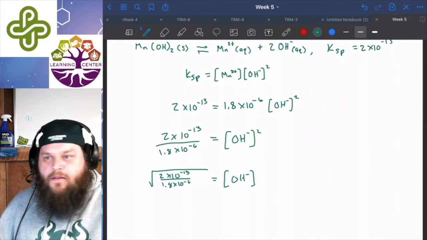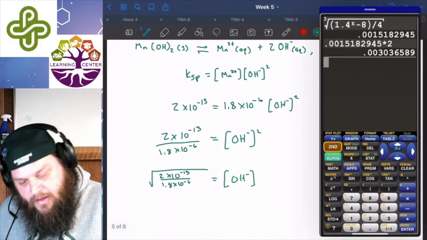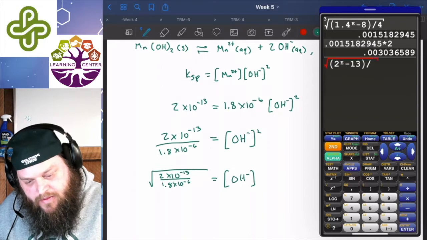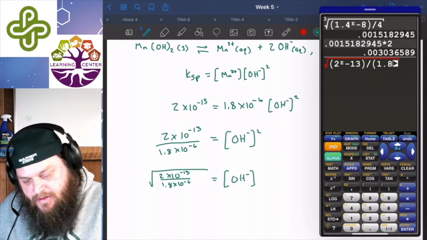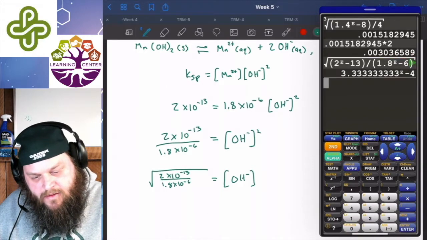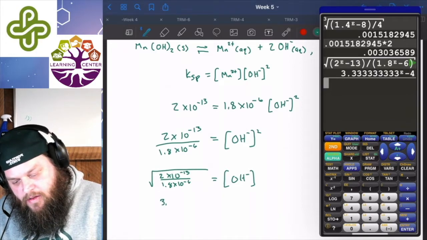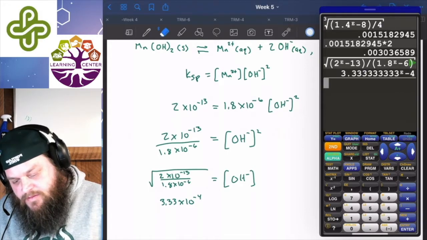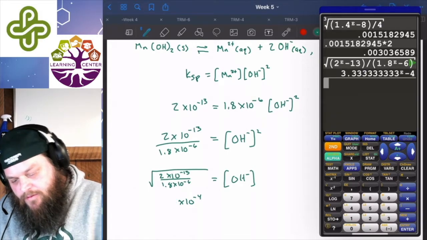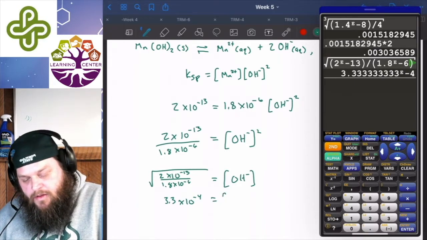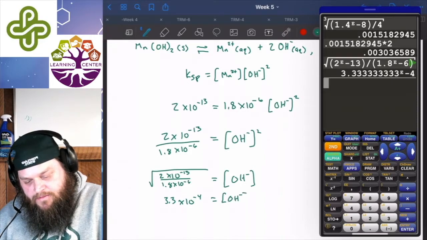And let's do that. Taking the square root of, put a parenthesis, 2 e to the negative 13, close the parenthesis, divide by, open the parenthesis, 1.8 e to the negative 6, gives me 3.33 times 10 to the negative 4. Let's say it's 3.3 times 10 to the negative 4, for my sig figs. And that's going to equal the concentration of hydroxide.